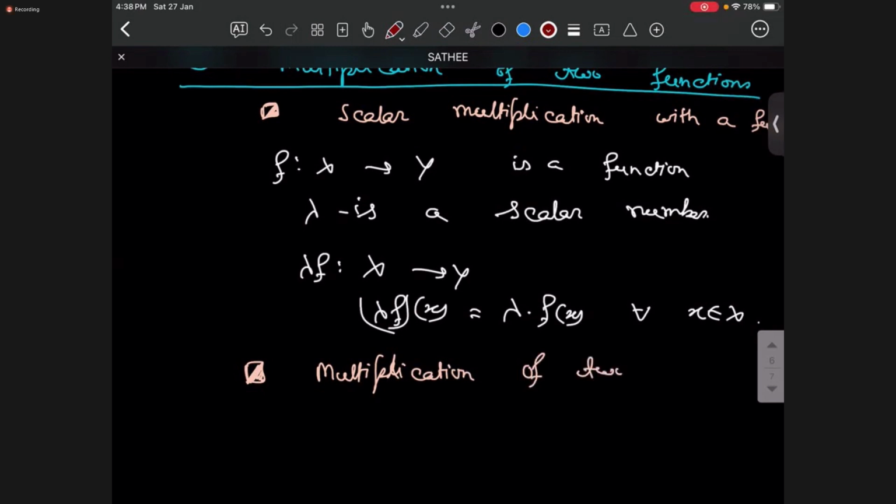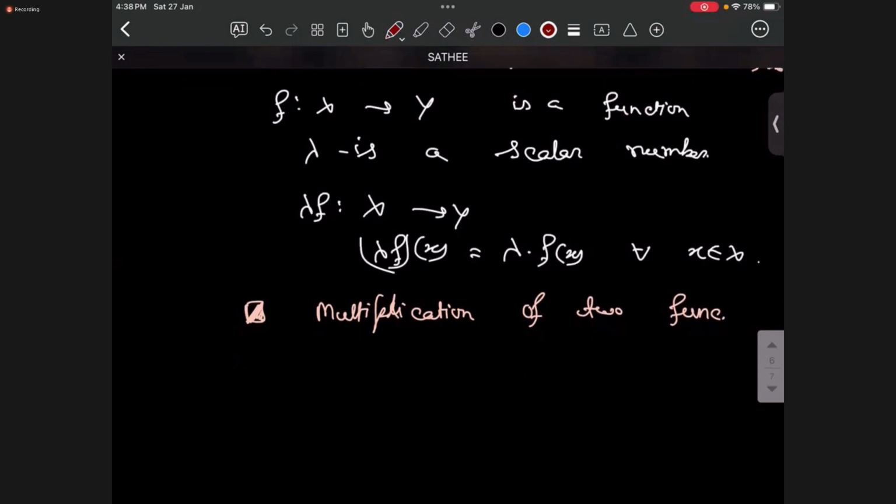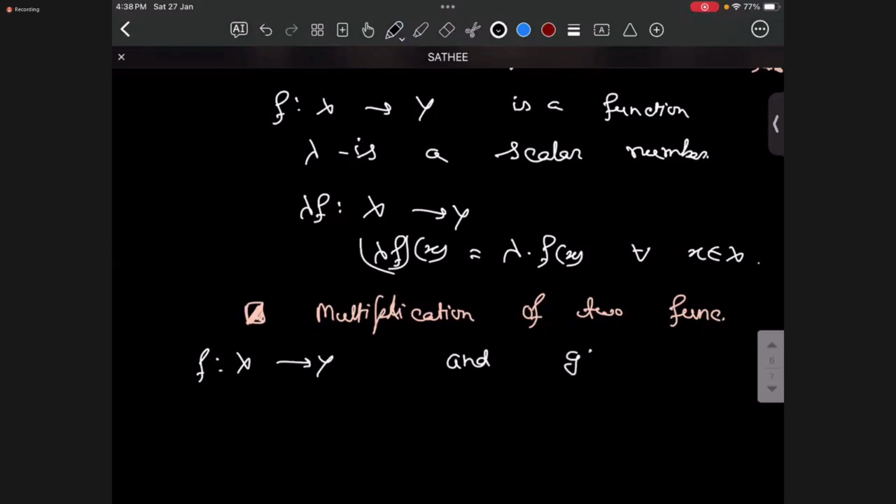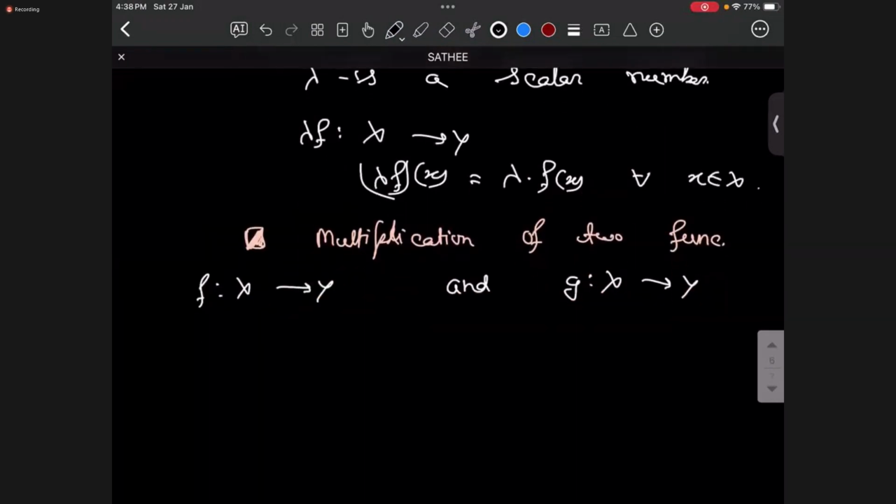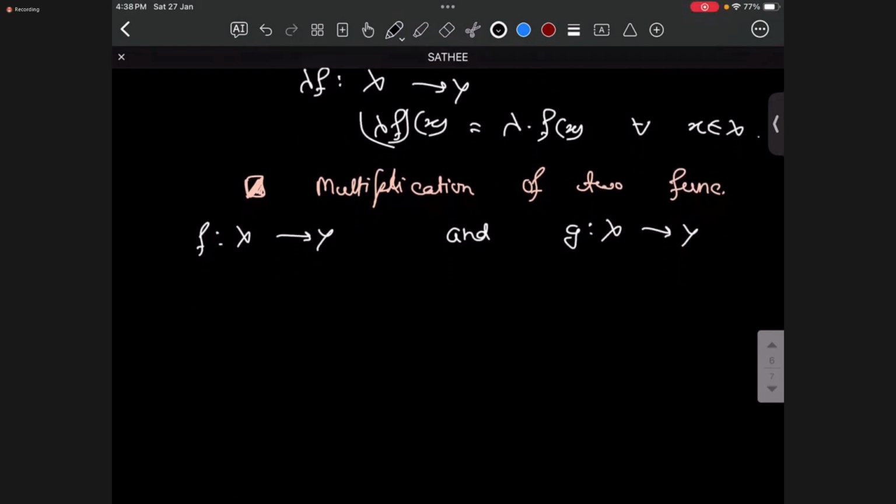Let f and g be two functions, f from X to Y and g from X to Y. In this case also the domain set must be the same. The range set can vary; that is not much of an issue, and the universal set may vary.